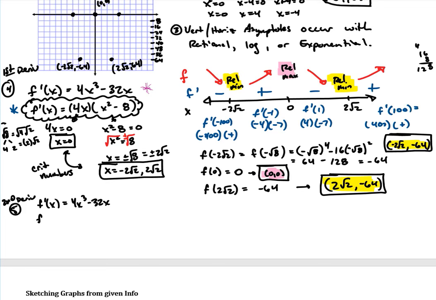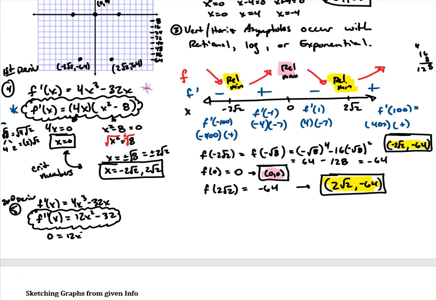Okay, and then now let's take the second derivative. So the second derivative is 12x squared minus 32. And then looking at this, it looks like a 4 could be factored out. But at this point, since there's not much reason to just factor out a constant, I'm just going to circle it with my cloud, or cloud it. And then now let's set it equal to 0 and start to solve.